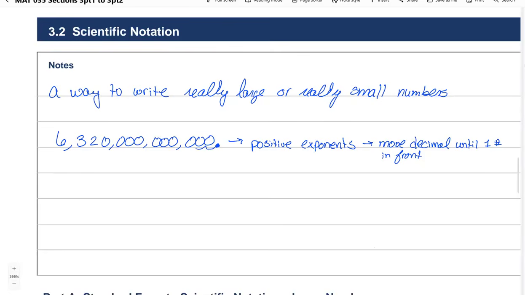So I'm going to move this 12 times. The number of times you move it is going to be the exponent.